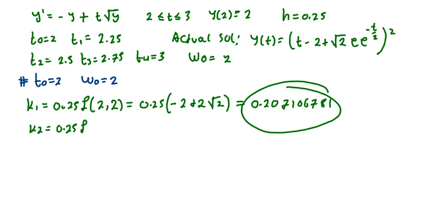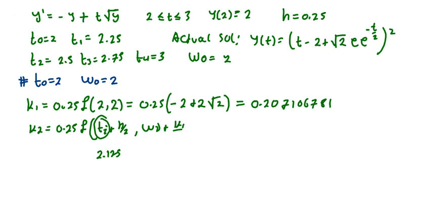So here we have more like f of 2.125, comma, after dividing and adding, like you divide this by 2, then you add w naught. We are going to end up with something. Let me just write it here.